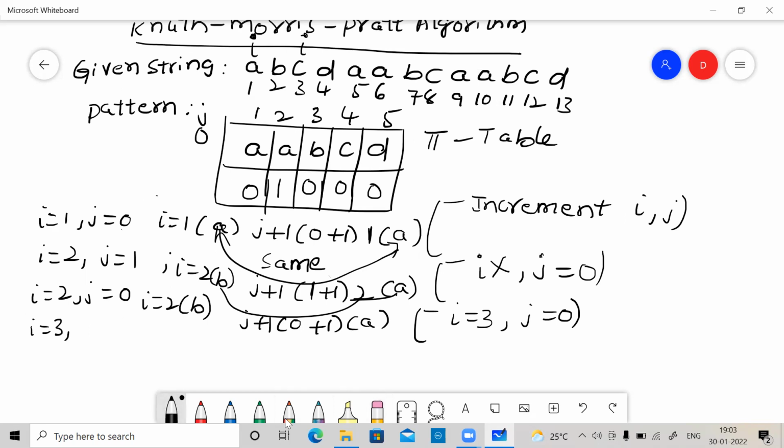Now j will be 0. So now you can take the values.